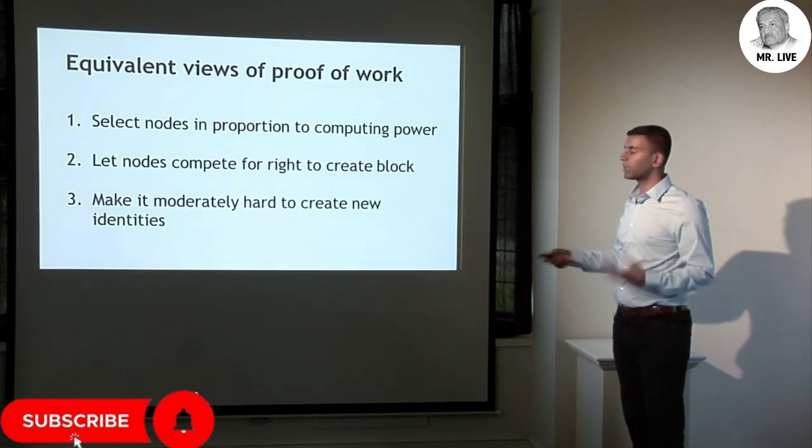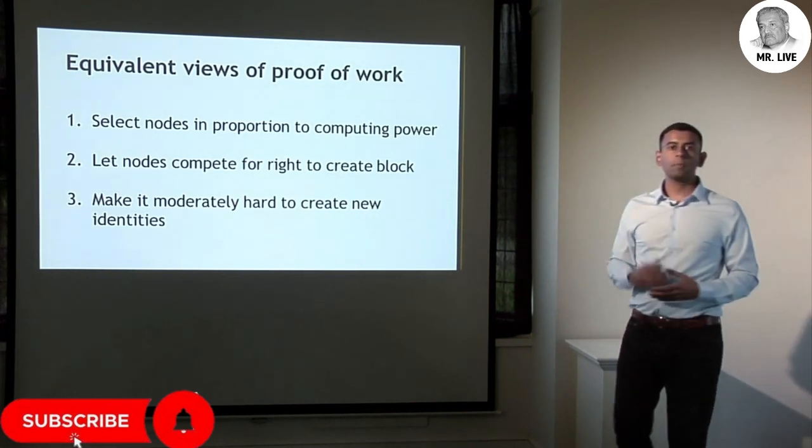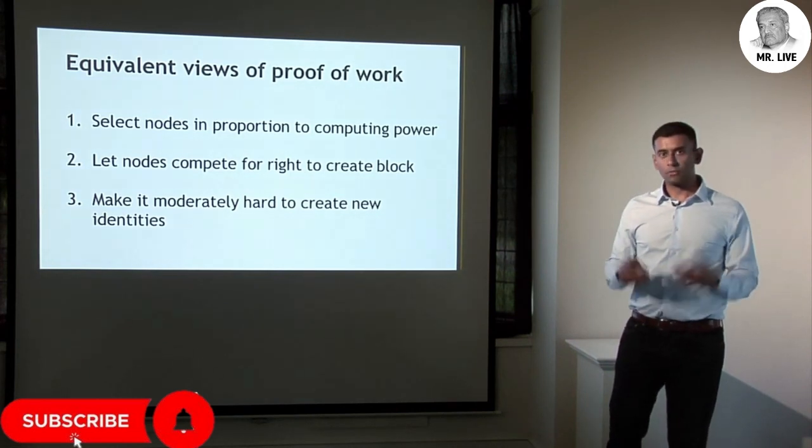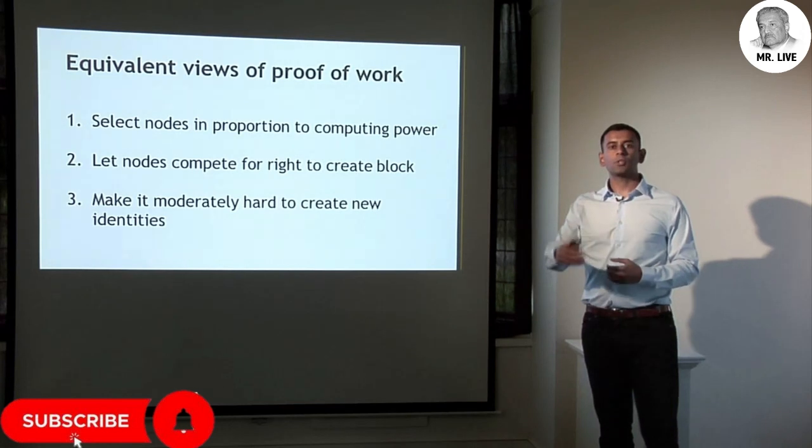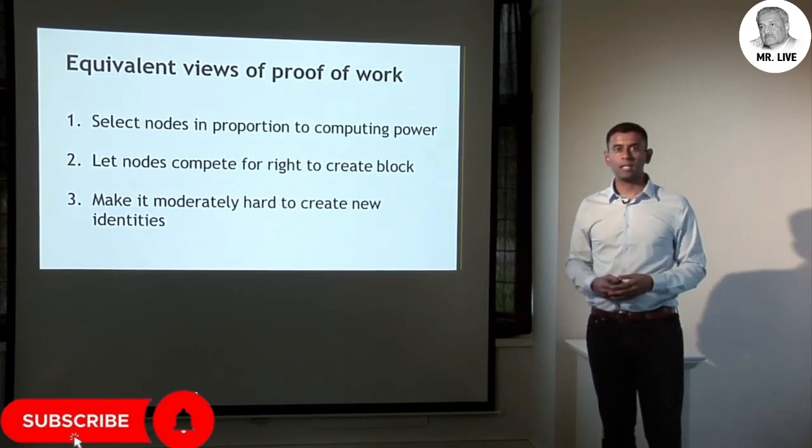You can also think of a third way, which is that we're making it moderately hard through proof of work to create new identities. So it's sort of a tax on identity creation and on the Sybil attack. This may all appear a bit vague, so let me actually go ahead and show you what is the exact proof of work system that's used in Bitcoin, and that's going to make things a lot clearer. So here it is.